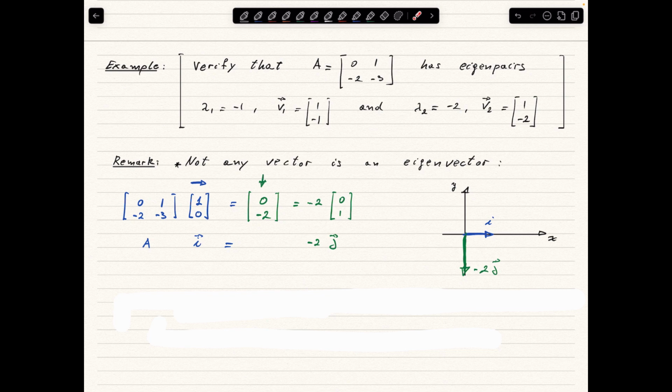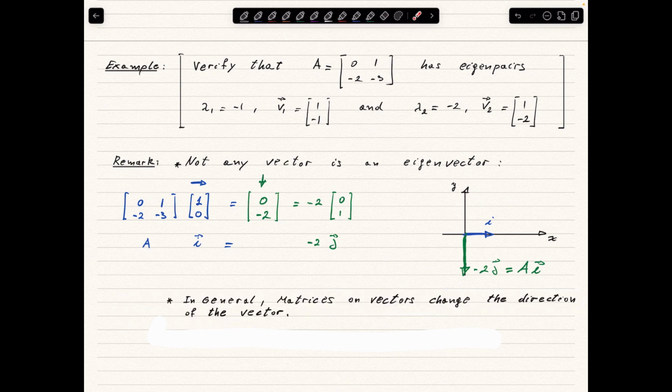So you see, the vector here is actually A acting on the vector i. The action of the matrix on that vector is to change it into this other vector. So we change the direction. This is what matrices usually do: in general, matrices acting on vectors change the direction of the vector.